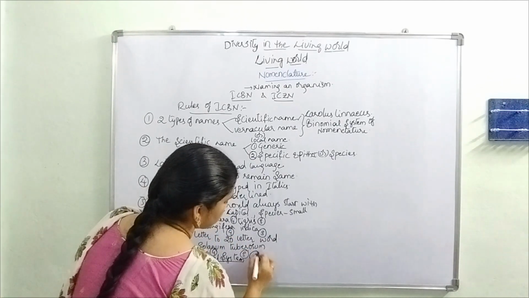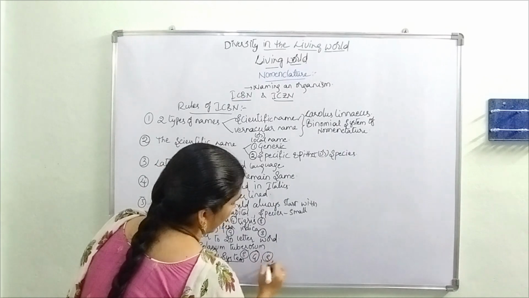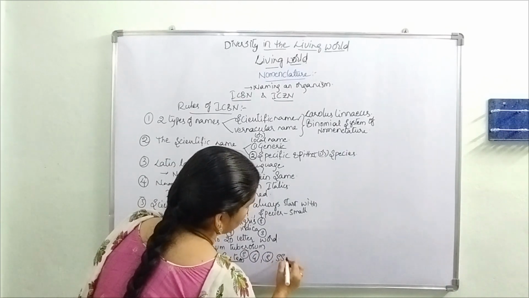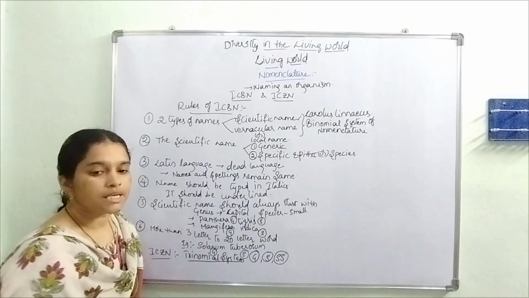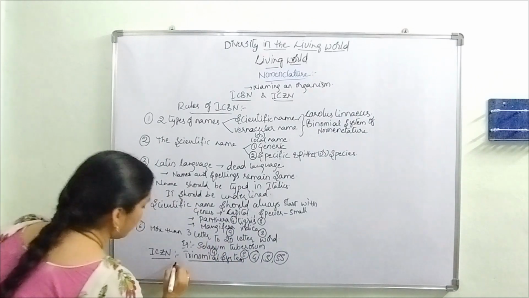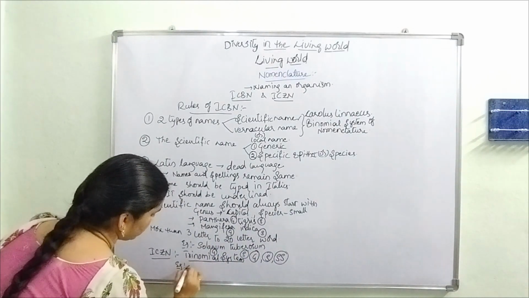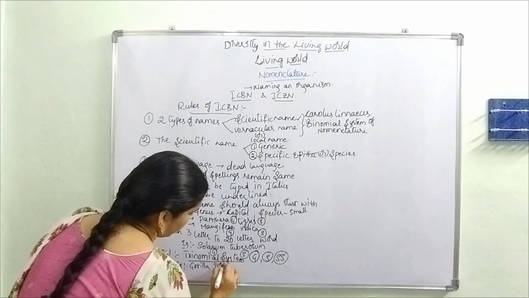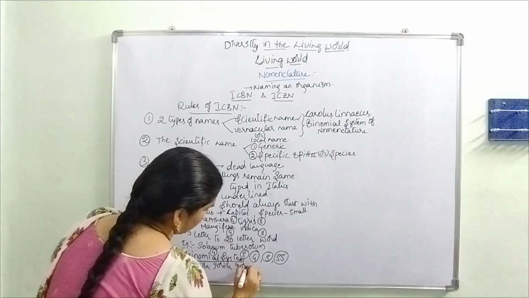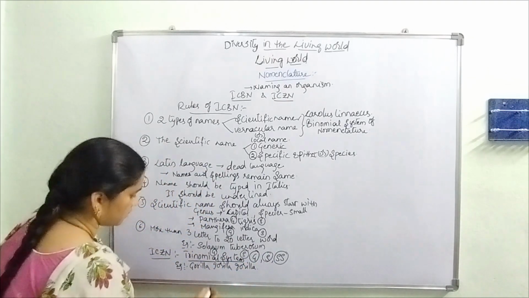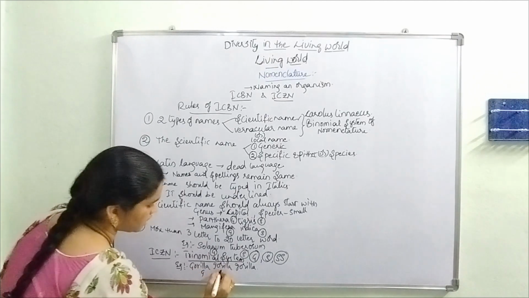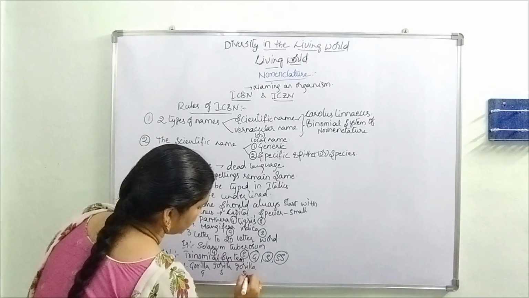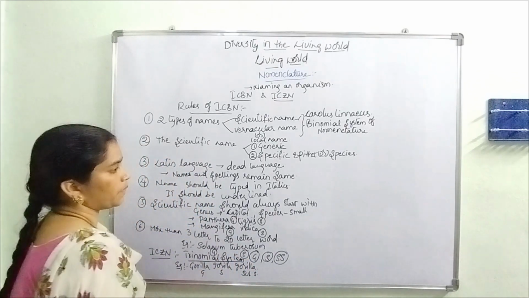One is genus, the second is species, and the third is subspecies. Example, Gorilla gorilla gorilla. This is genus, this is species and this is subspecies.